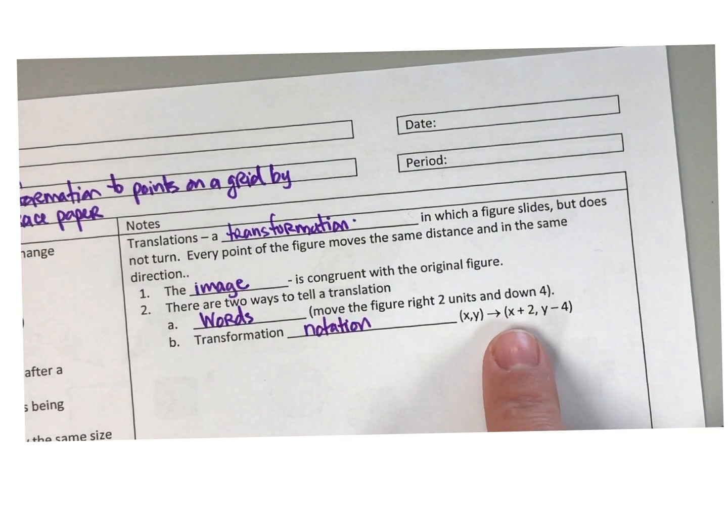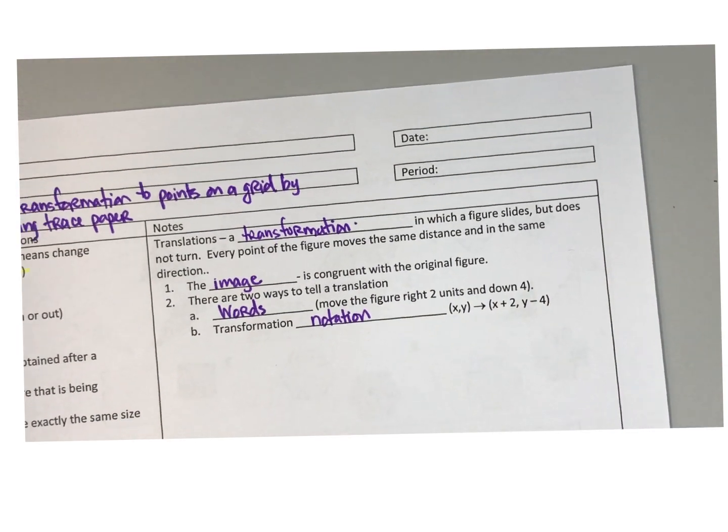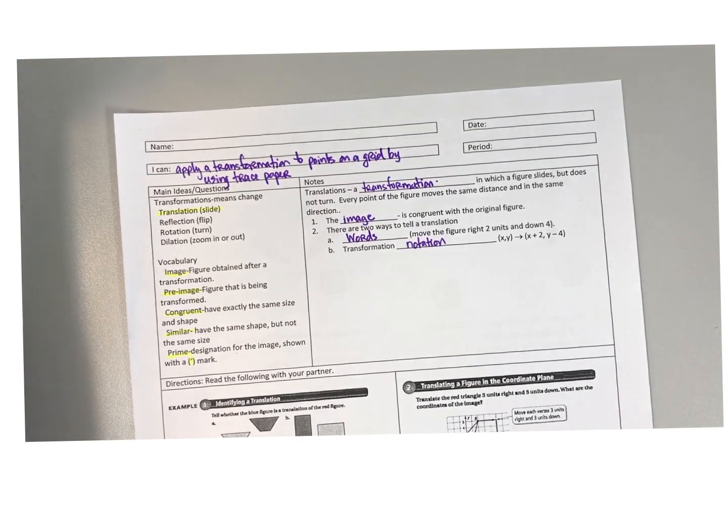We're going to take the x and do plus 2, which, if you think about it, is to the right 2. And then y minus 4. Y is up and down, so if it's minus 4, it would be down 4. So these are all the vocabulary words that go with translation.